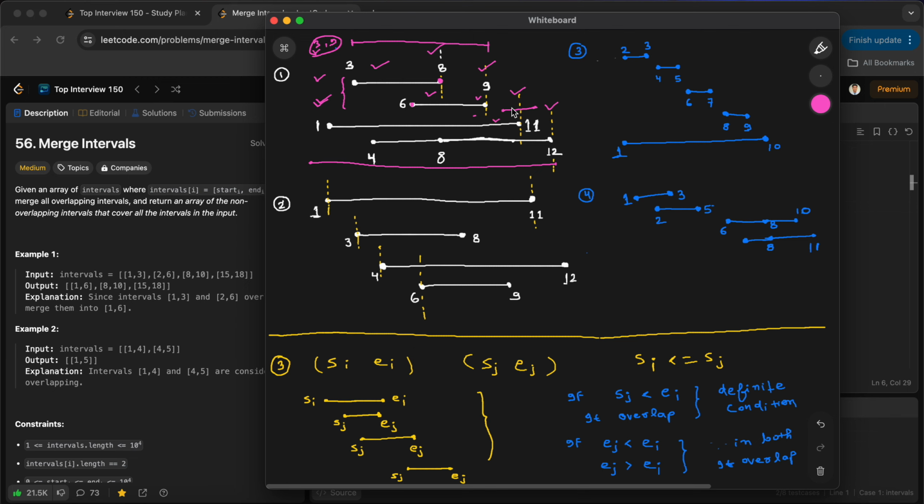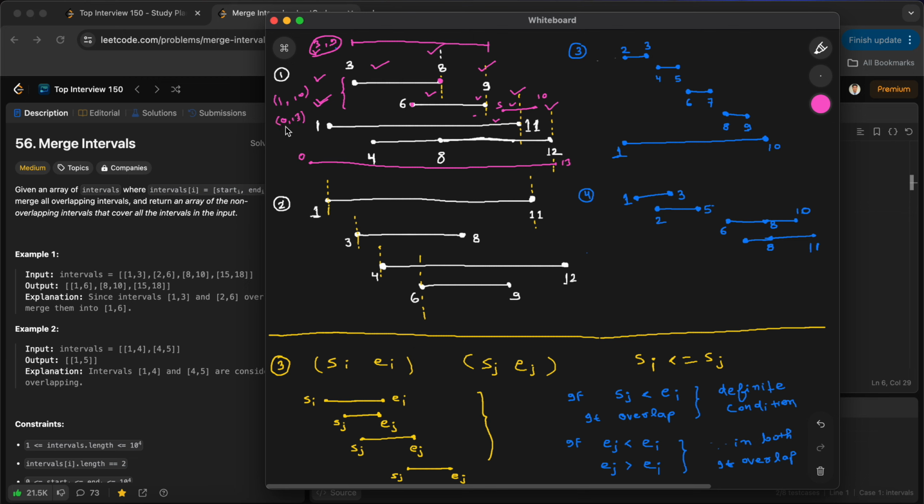This two intervals are overlapping, so I will store this start point and this. Suppose this is 10, so 1 to 10 is the second interval. But for the third interval, suppose it comes from 0 to 13, so this will also store 0 to 13, but this is the wrong answer.